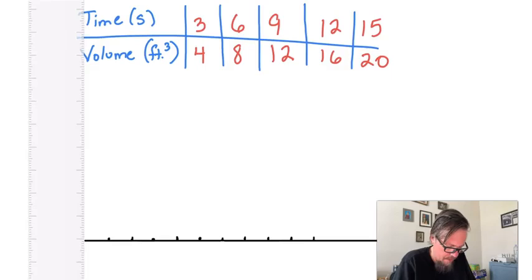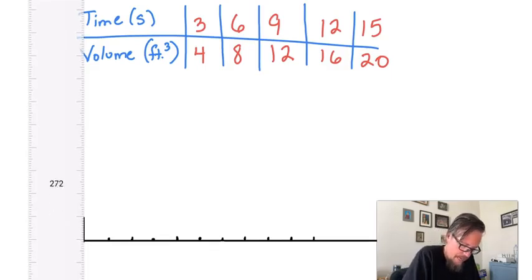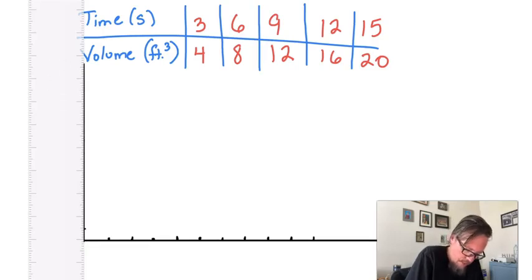So let me go ahead and draw the y-axis. I'm using the half-inch markers on my ruler so that they're all equidistant. So 2, 4, 6, 8, 10, 12, 14, 16, 18, 20.